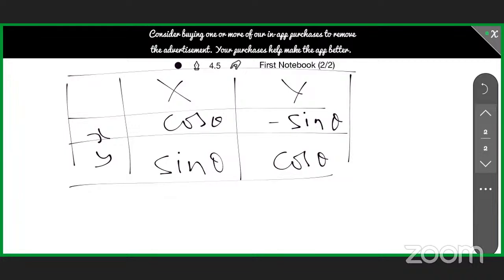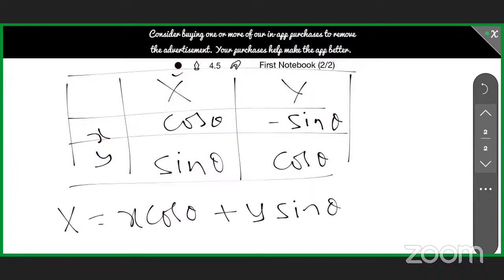So imagine now you are finding capital X. Capital X will become x cos theta plus y sin theta. Are you understanding? Yes, sir. Instead of taking horizontally, I am taking vertically now because I want to get the equation in small x and small y.